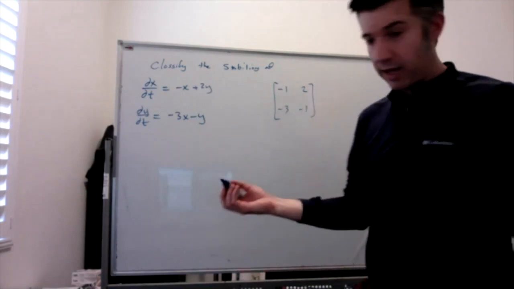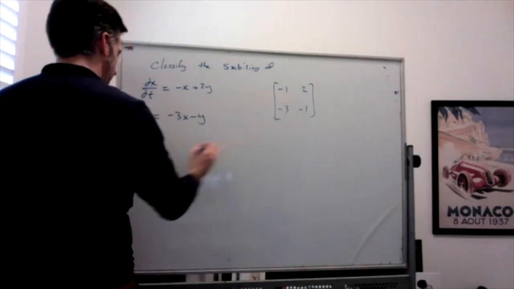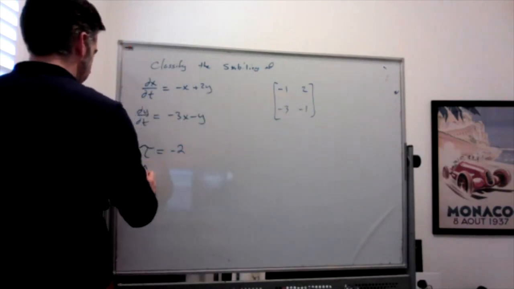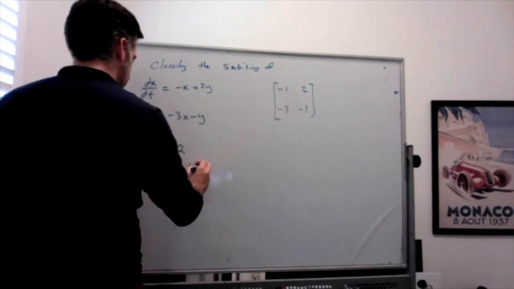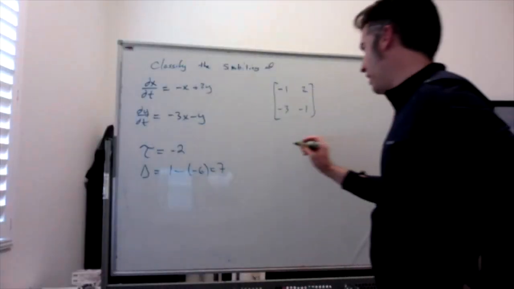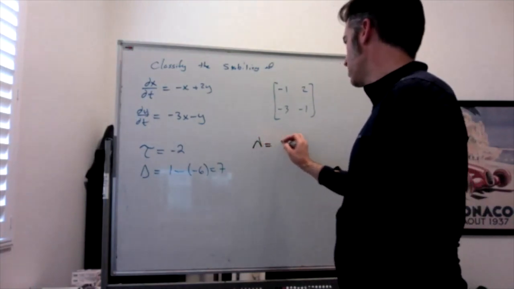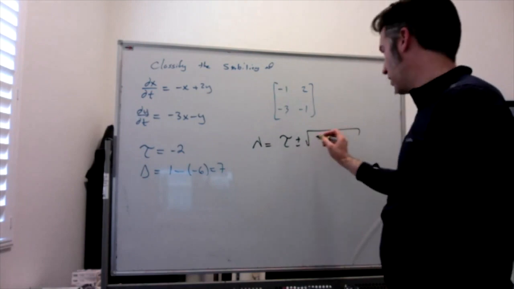Let's find the eigenvalues. The trace of that matrix is -1 plus -1. The determinant of that matrix is 1 minus -6, which is 7. Using the trace determinant method, here's the formula just in case you don't remember it.